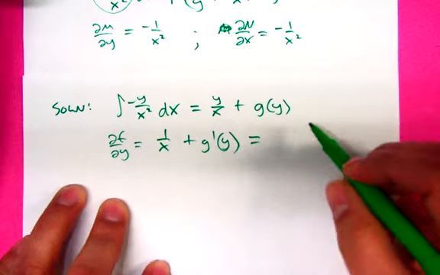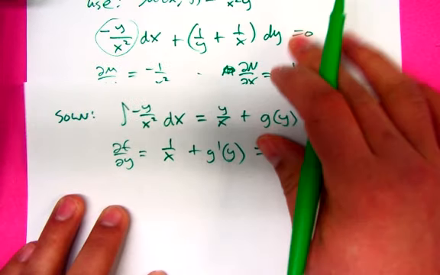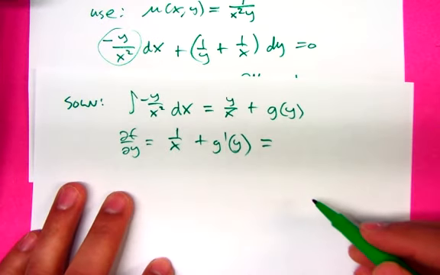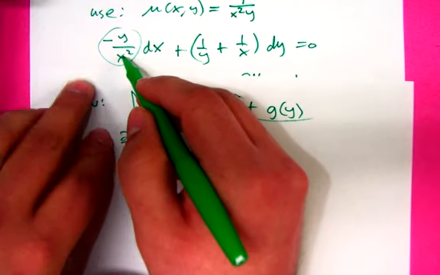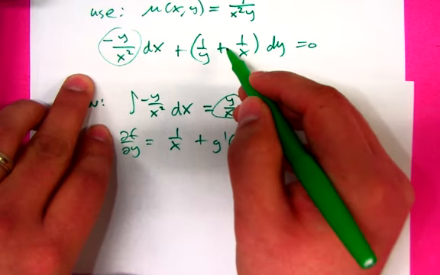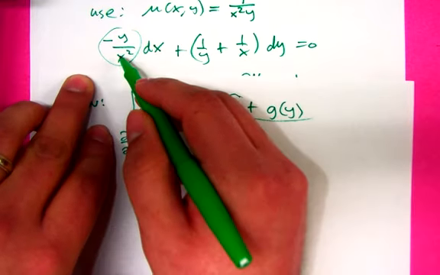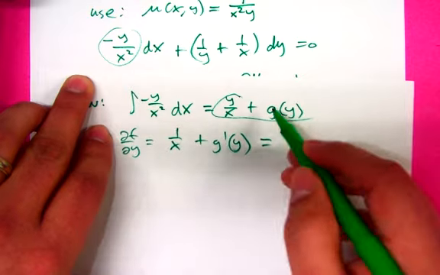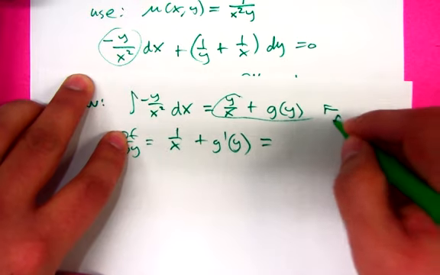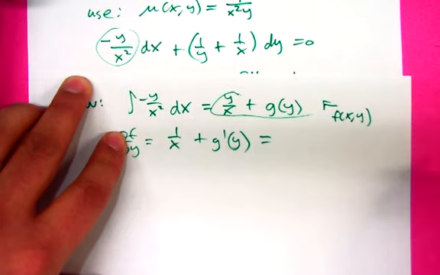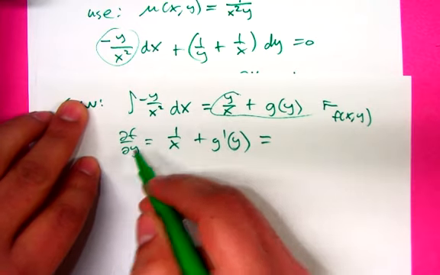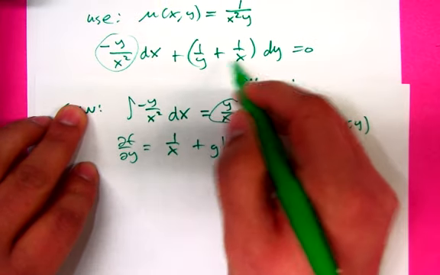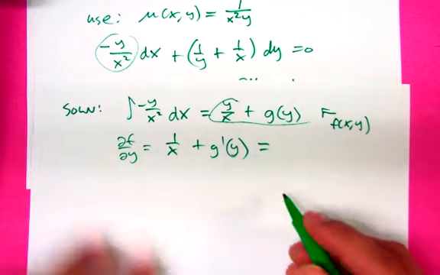We're going to set that equal to the coefficient of dy. I started with partial x, integrated it, so now I have a function of x and y, and now I'm taking the partial derivative of this function with respect to y and comparing it to the coefficient of dy, which should also be the same.